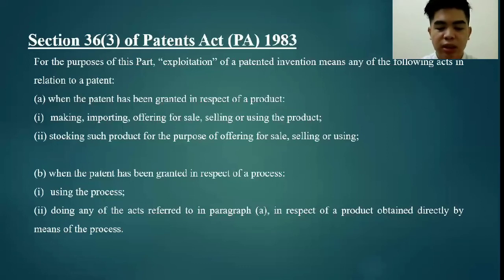Meanwhile, Section 36, subsection 3B mentions that when a patent has been granted in respect of a process, the owner of the patent shall have the same right in using the process and doing any of the acts referred to in Section 36, subsection 3A in respect of a product obtained directly by means of the process.